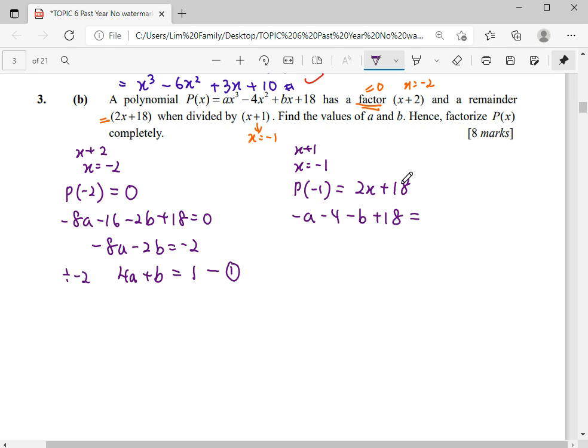So take note of this. Our remainder also has x, so the x here will be substituted with negative 1. Therefore, when we simplify, negative a, negative b, then 18 minus 2 is 16, 16 minus 18 is negative 2, then plus 4, then it becomes 2.